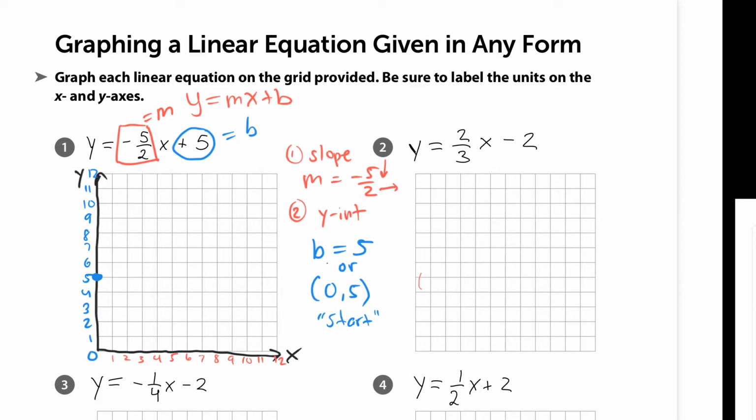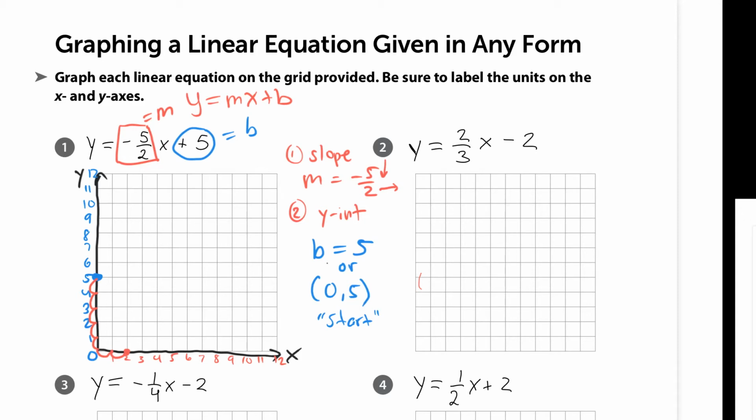So I'm going to go down 1, 2, 3, 4, 5, and then right 1, 2. Once I reach that point, I'm going to draw a point.